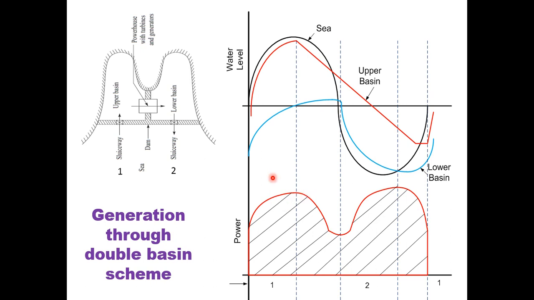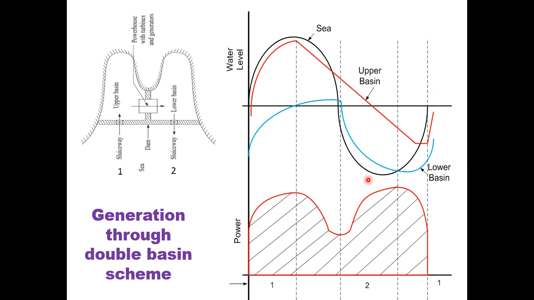During the high head there is a head difference between the sea and the lower basin, and it experiences a rising manner, so at that time the power is also rising. Then with the differential head between these two, that is the relative head difference, you again get power generation. Again the same thing happens in the reverse direction.